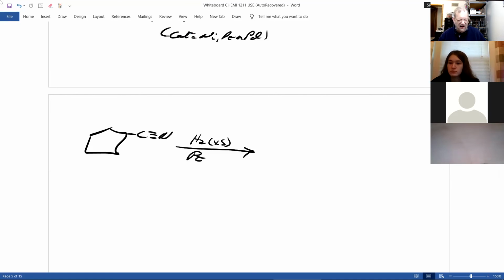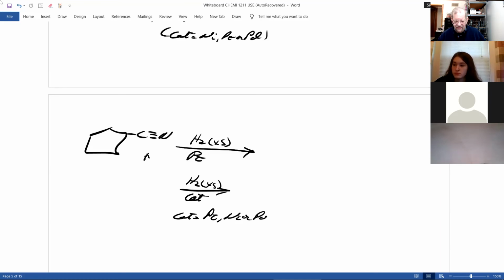And if we look at this molecule, we're trying to react with hydrogen excess because we have not 1, but 2 pi bonds, and platinum is a catalyst. And you can have platinum, nickel, or palladium. What do we have that's different? Carbons.